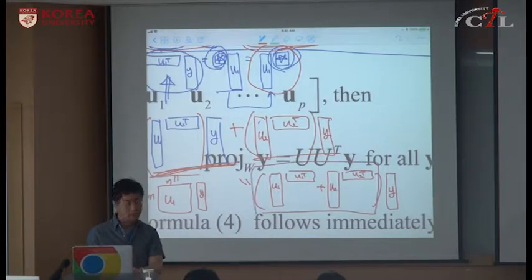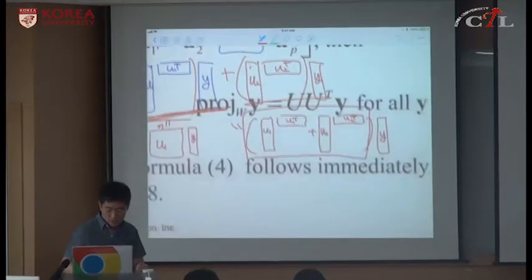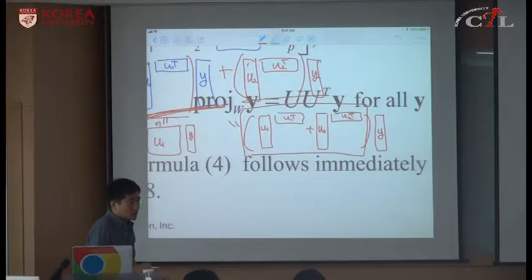So we first form the sum of these outer products, and once we form that outer product matrix, we multiply this column vector y on the right.